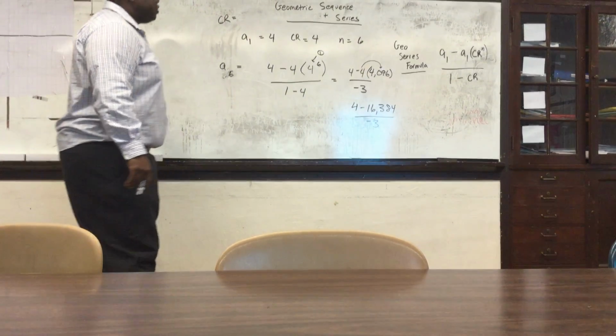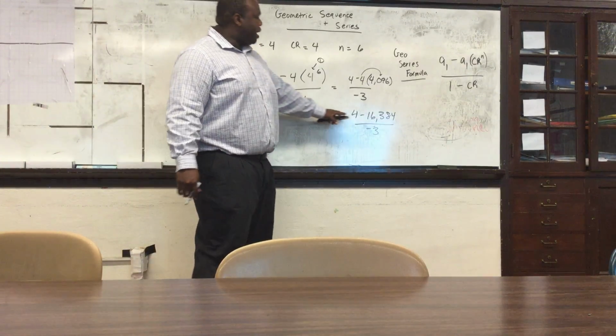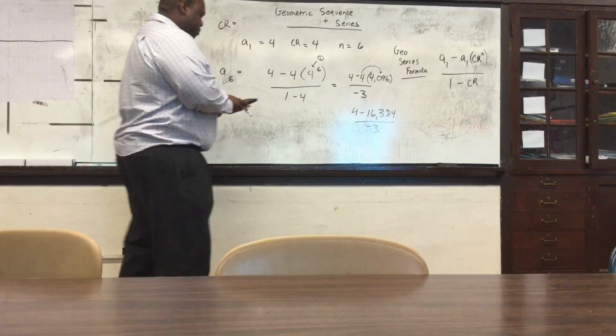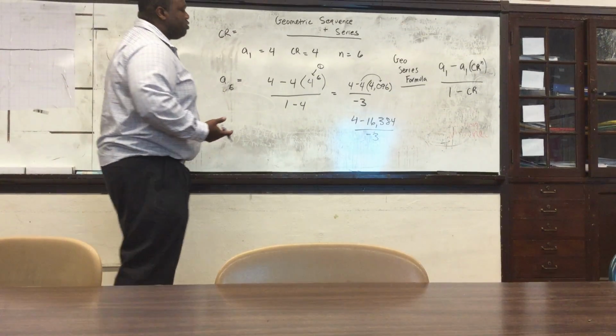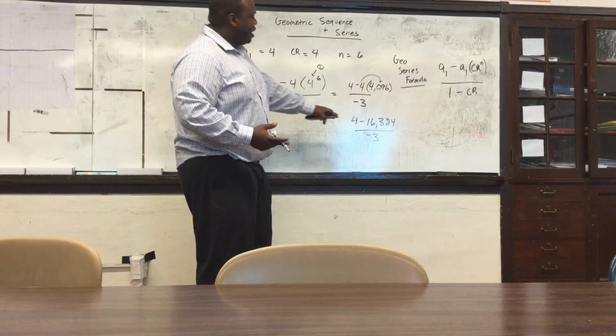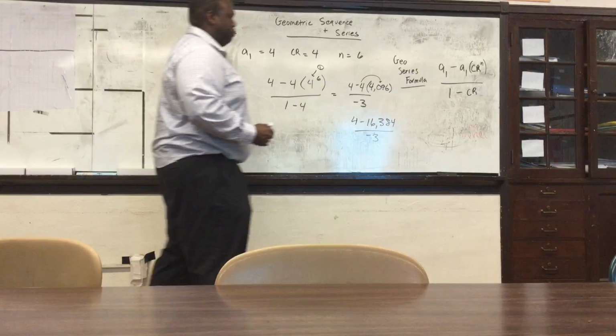Okay, so now, this is the problem that people have. We're going to take this 4 right here and subtract from it. So it's going to be 4 minus the answer. When I do 4 minus this answer, this is going to give me a negative value.